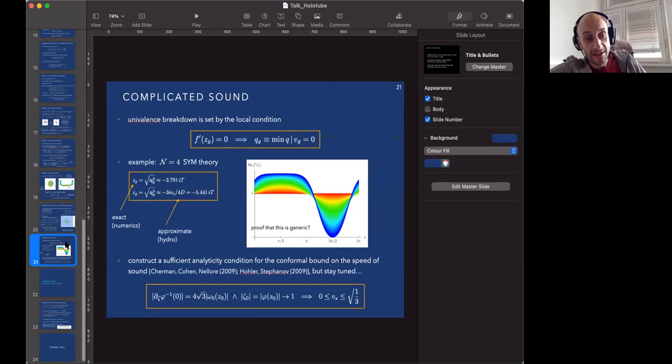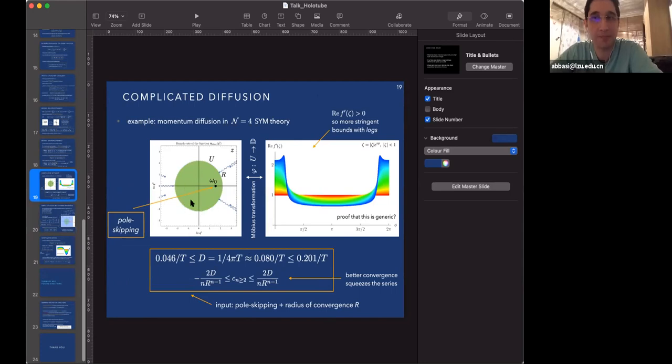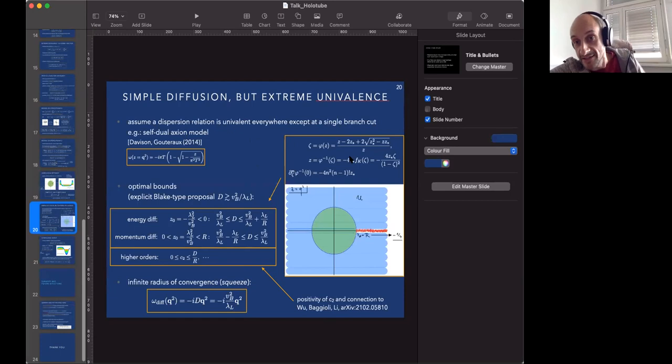Here too, for example, for this diffusive case in n equals 4, I only look at the disk because it's easier, and mapping disks to disks is easy because you can use Mobius transformations, but this thing is still univalent outside. It's univalent on more than just the disk of convergence. So one of the questions is, what are the optimal bounds? Can one prove optimal bounds? In general, I don't know how, except in this case.